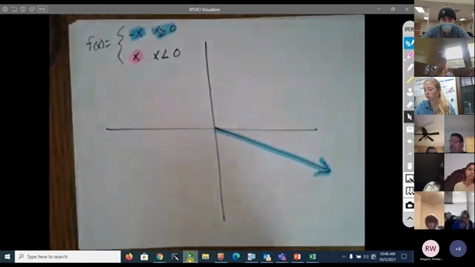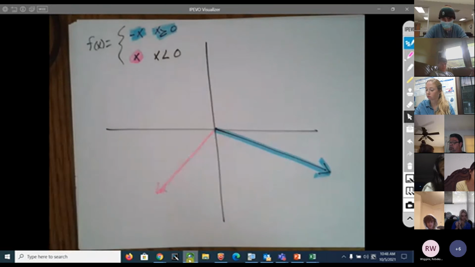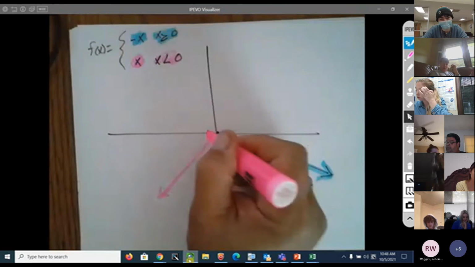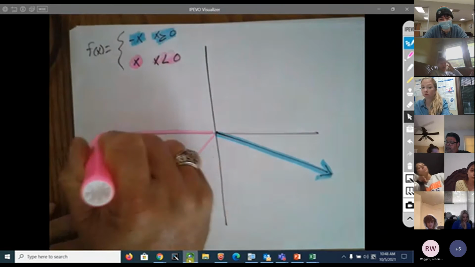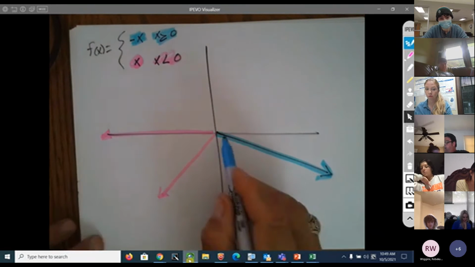And it's going to be a positive slope. And x is going to be less than, so it's going to be this way. Because these are x's less than. And these are x's greater than.